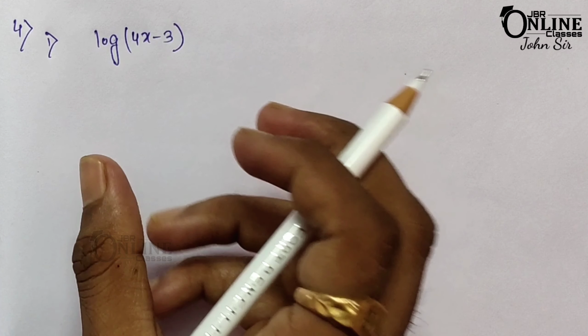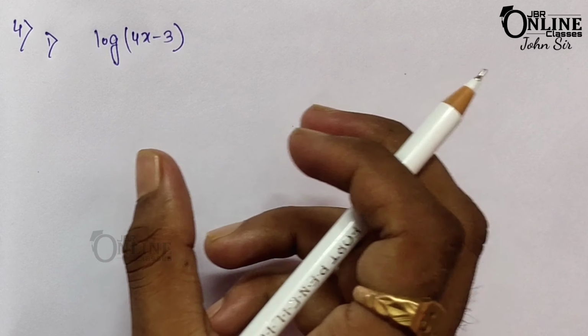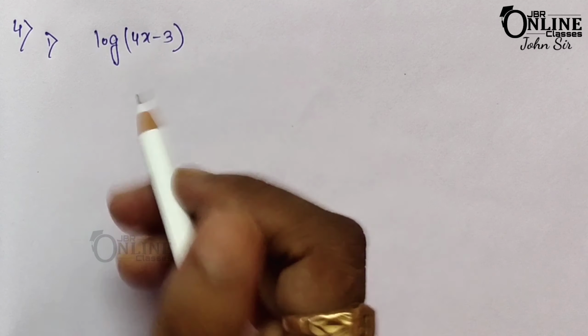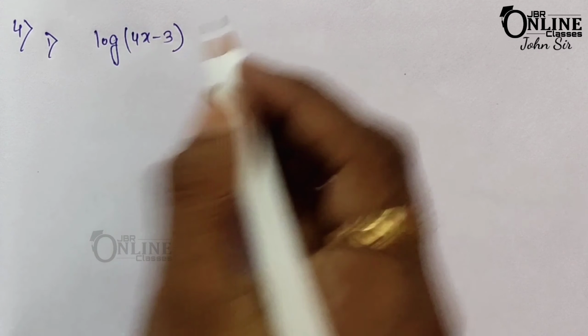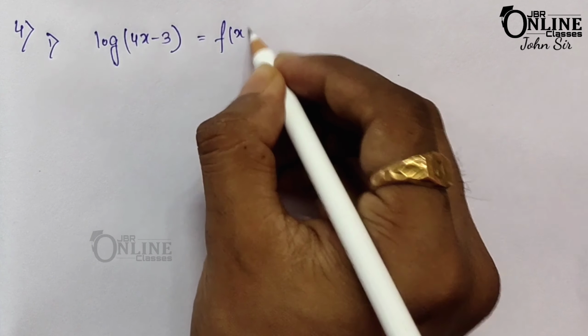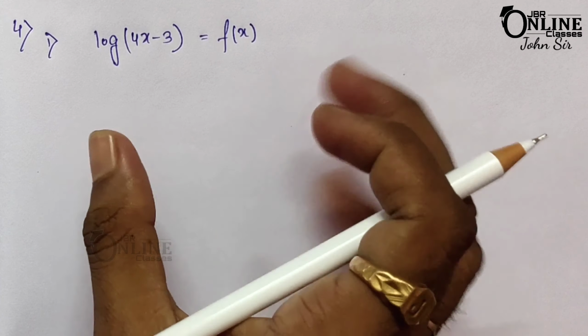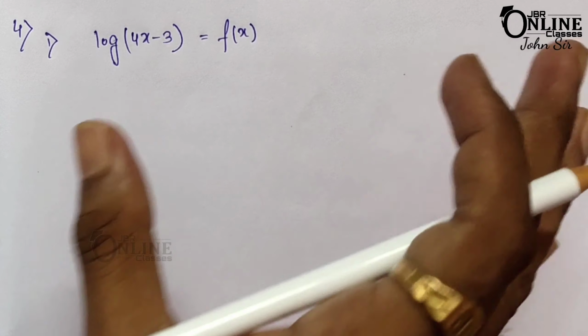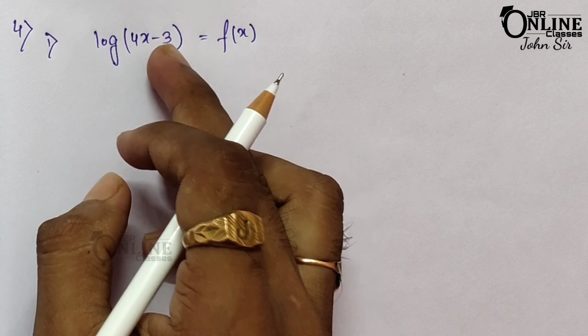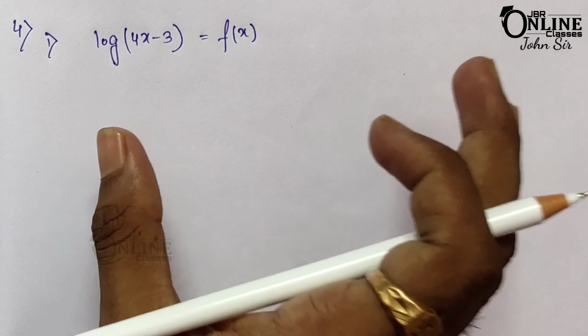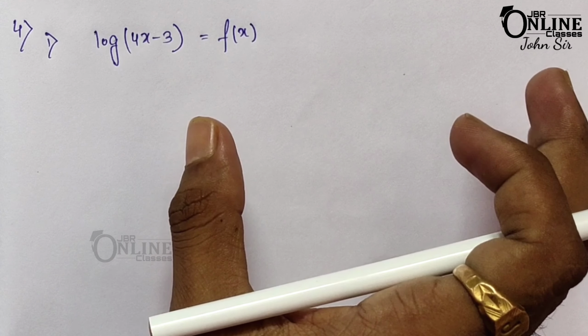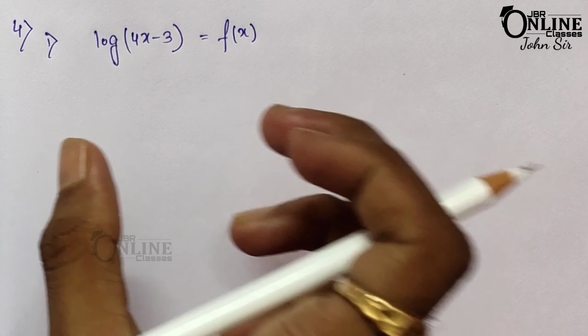Okay, so here you have to find the domain of the following function. First let this one equal f(x). Now f(x) must be a real number, so log(4x - 3) must also be a real number, as you have to find the domain.